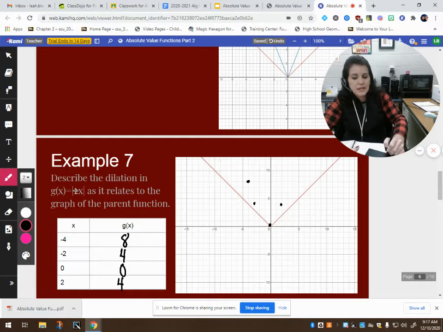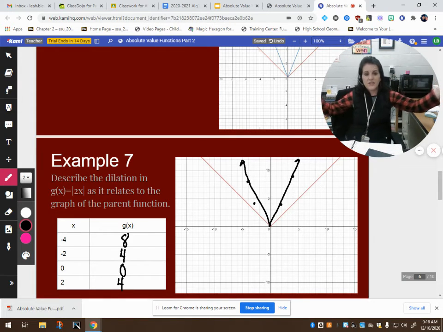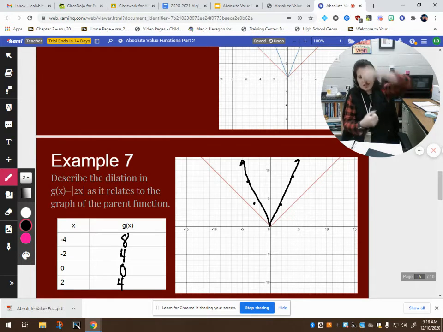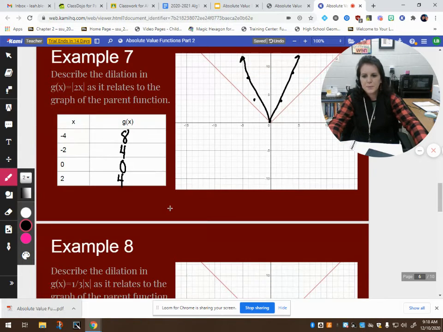If I were to plug in a 4, 4 times 2 is 8, so I would go over 4 and up 8, even though I didn't write that out. So we can see that yes, this looks like a vertical stretch, or we can think of it as a horizontal compression. We're compressing it from the sides, so it's stretching this way because I multiplied inside of the absolute value.